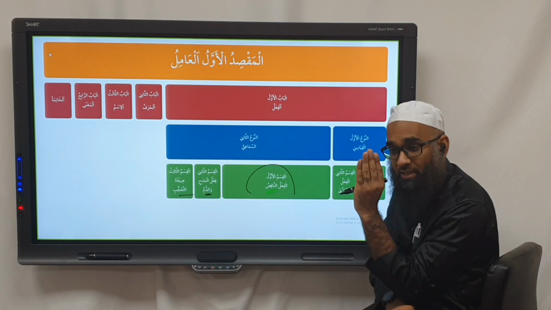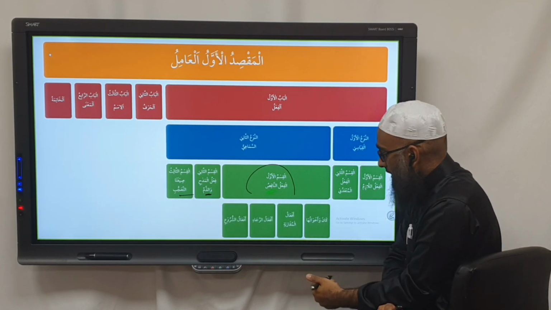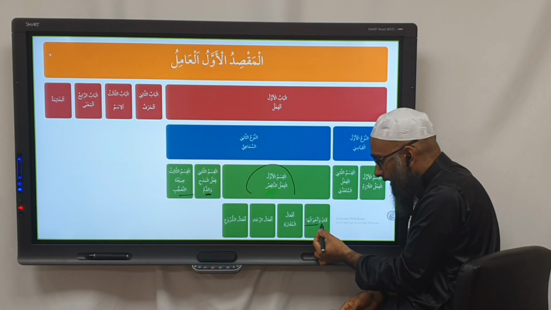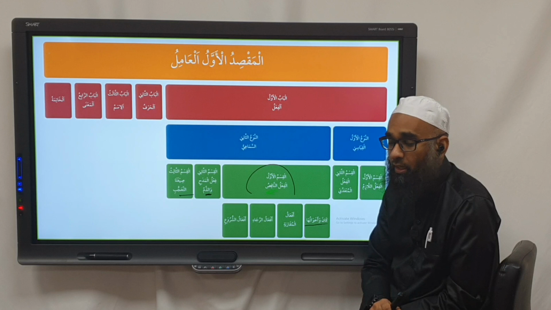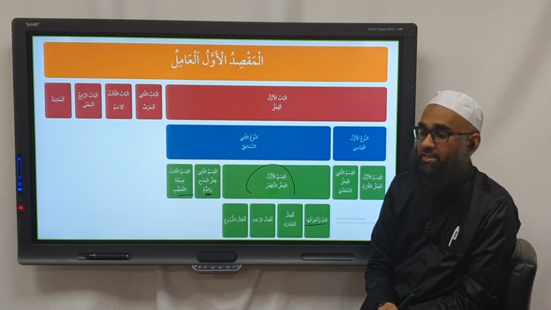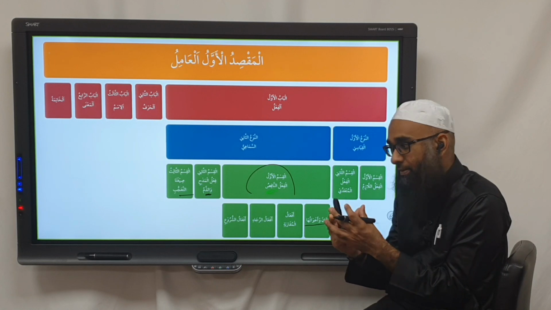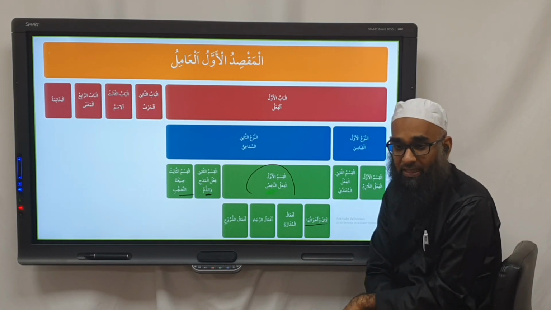This fa'lu naqis has how many types? 4 types. The first one is what we know already: kana wa akhawatuha. What does akhawat mean? Ikhwat, ukhtun, akhawat, sisters. Kana and its sisters, meaning kana is a fa'lu naqis and it has other sisters that have a similar structure, pattern and meaning.